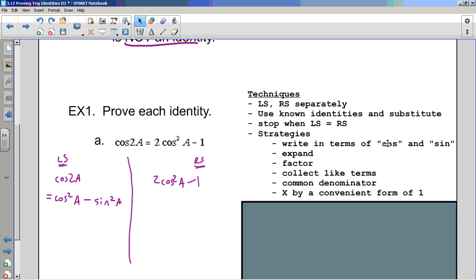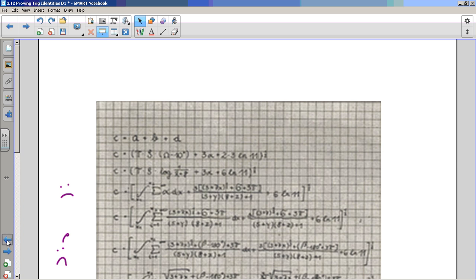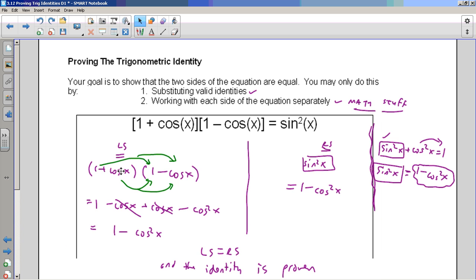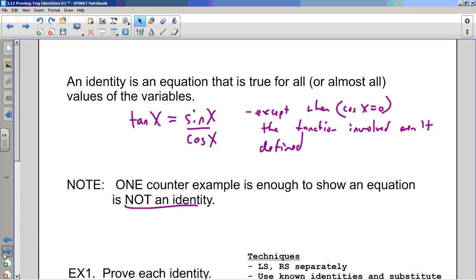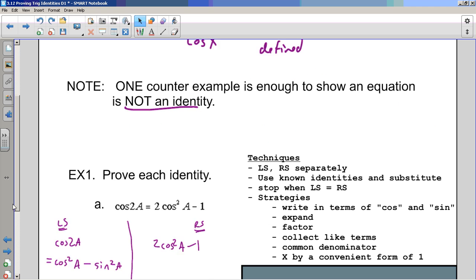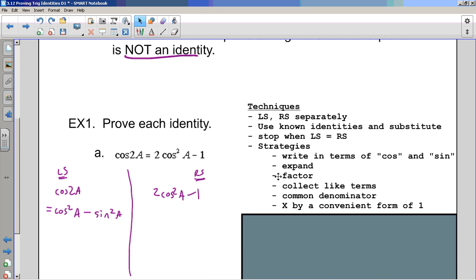That's a good strategy. We might want to expand. In fact, that's the strategy we used back here, right? We just expanded the left side and all was good after that. We might want to factor. You know, this kind of looks like a factor. We might want to try and factor that. We might collect like terms. We might get a common denominator. We might multiply by a convenient form of 1.